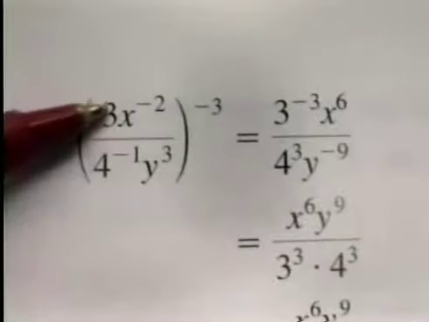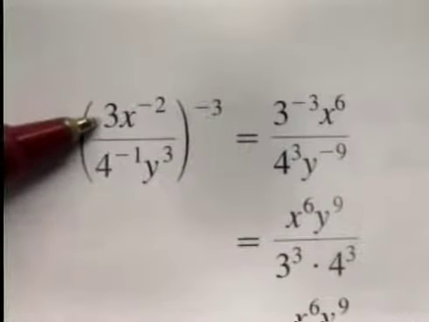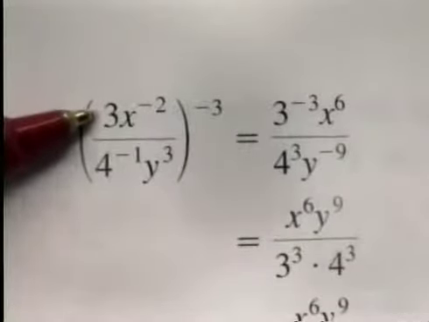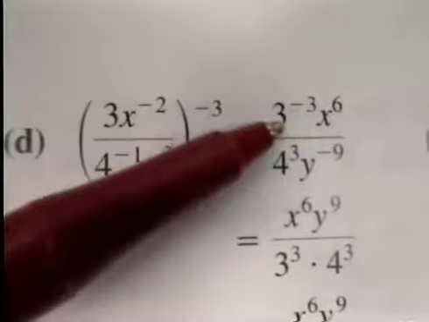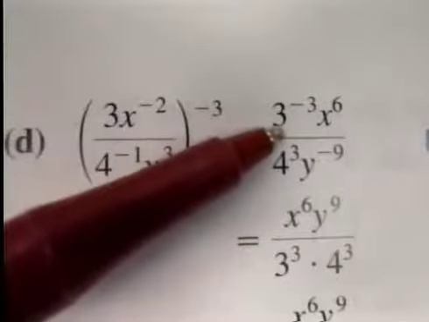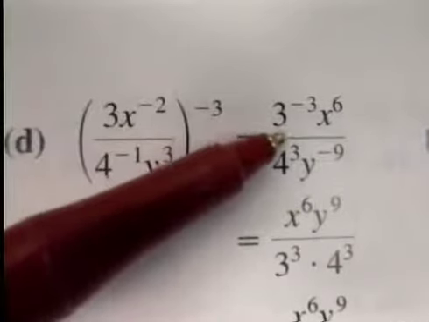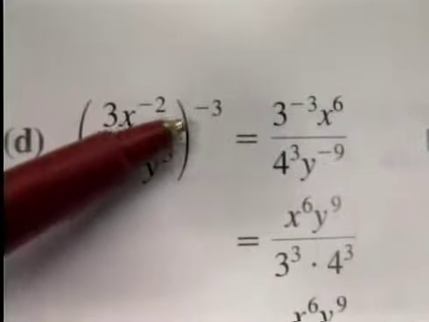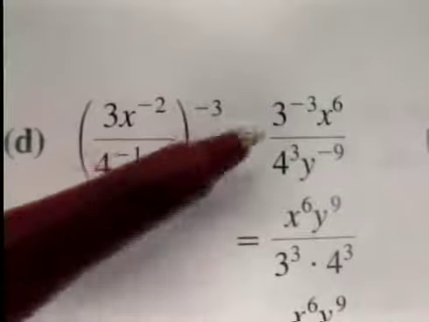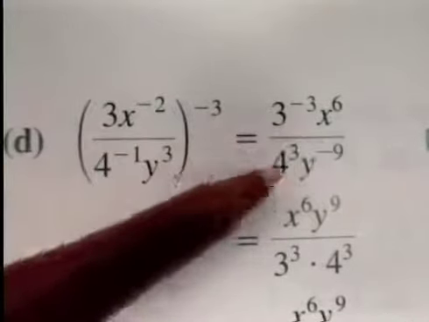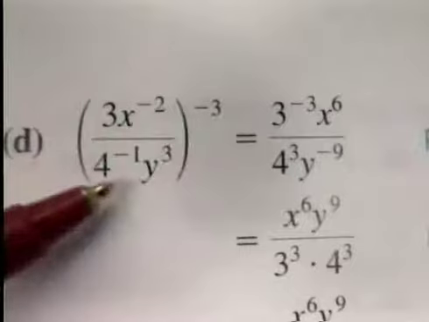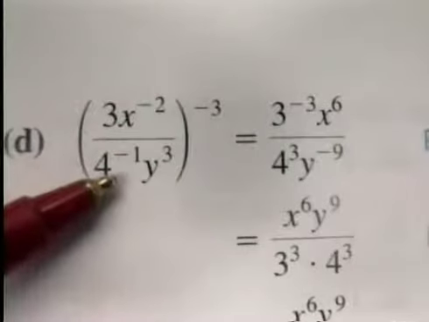Now the 3 I'm talking about is right there. That was 3 to the first. Okay? So when you get this 3 to the minus 3, what happened? The exponent was multiplied across. And the x to the 6th, what is minus 2 times minus 3? 6. Hence the x to the 6th. Then you can do what with the minus 3? Pull it right down here in the same game.